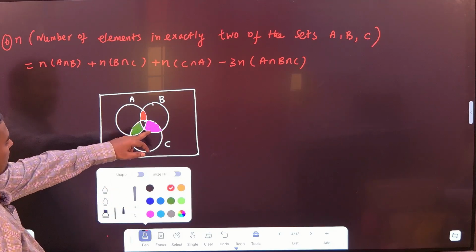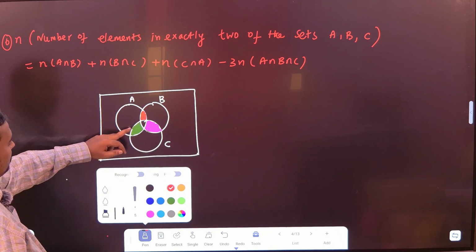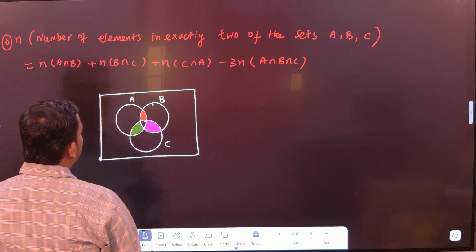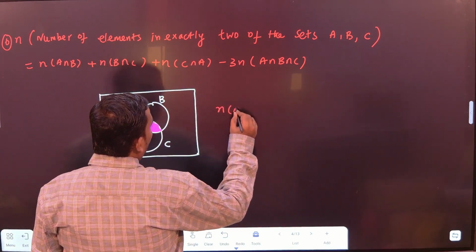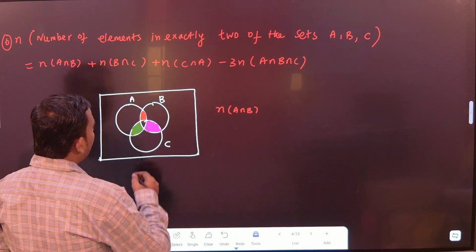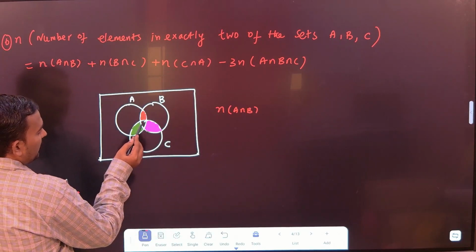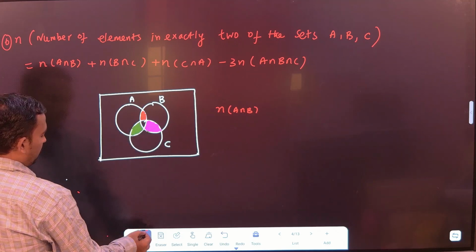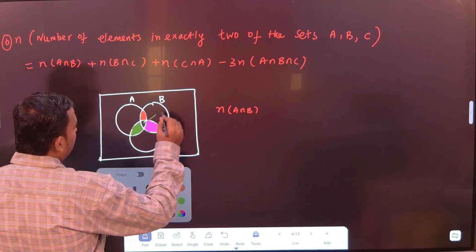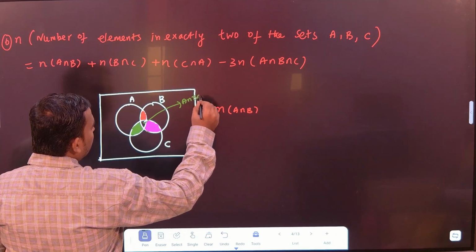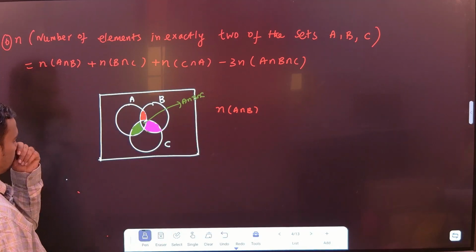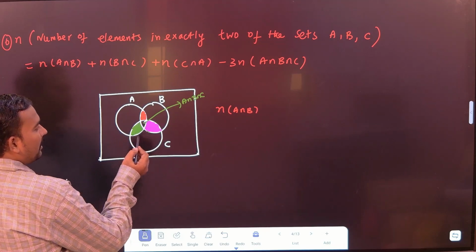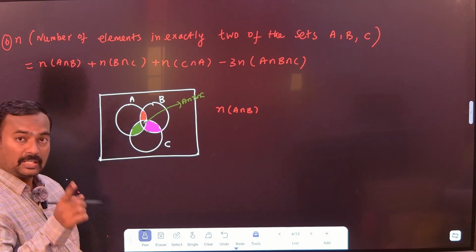You can see here the pink color, B and C only, and here A and C only. Exactly 2 sets. Then how to rewrite this, students? First you take n of A intersection B. A intersection B includes A intersection B intersection C, the portion common to all three.